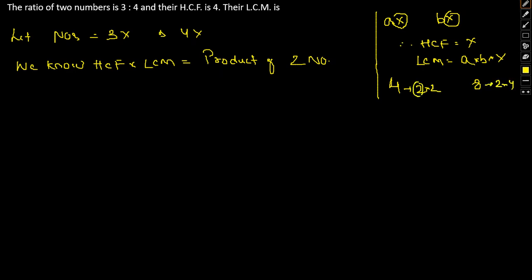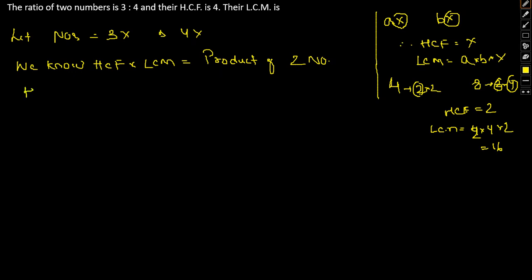Here the common part is 2, so HCF will be 2 and LCM will be 2 into 4 into 2, that is 16. Now let's use a similar concept here.